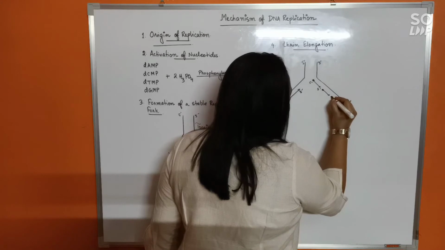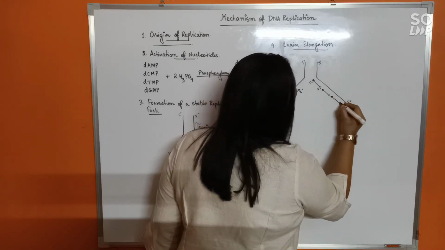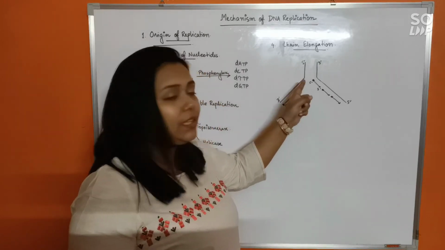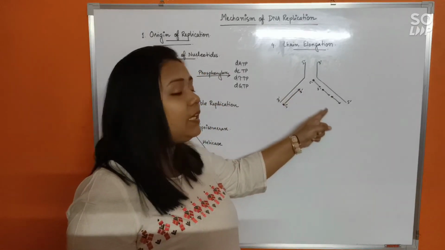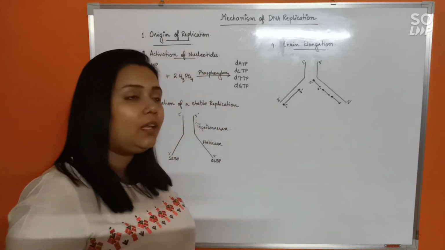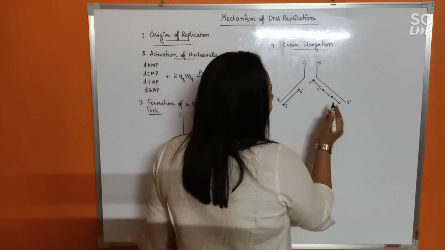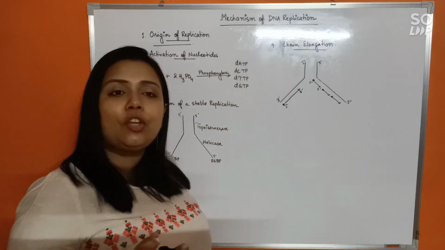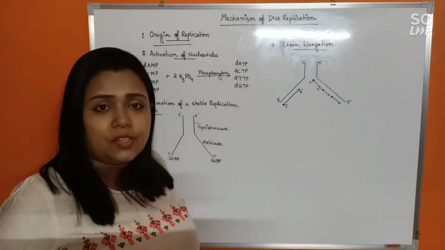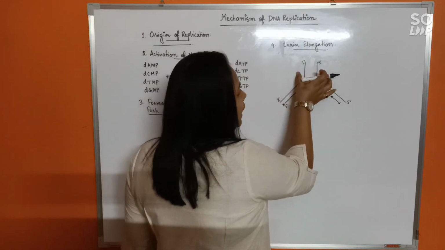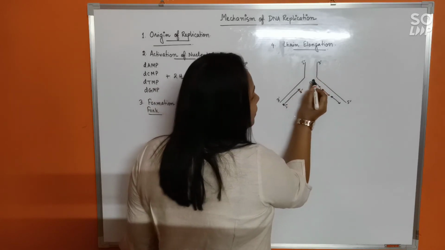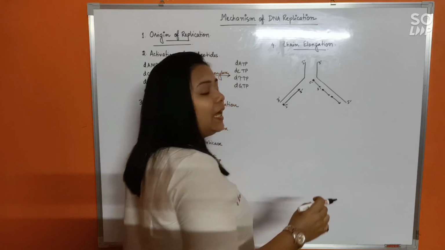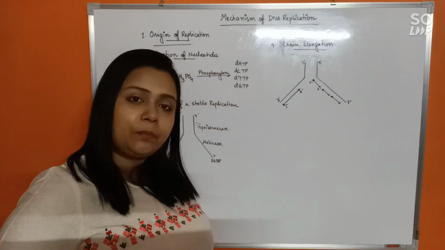Do remember, in this parental strand, the chain elongation will be discontinuous in nature. Why? Because the double helix of the DNA will not open up all at once, isn't it? So as much DNA will open, only that much chain synthesis can take place. After that, the chain synthesis will stop.